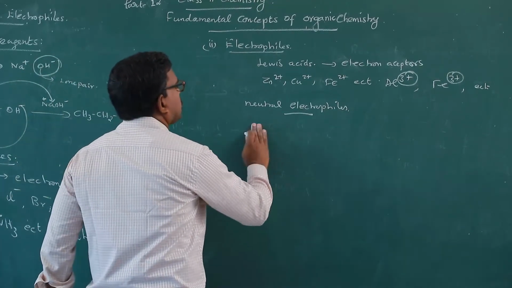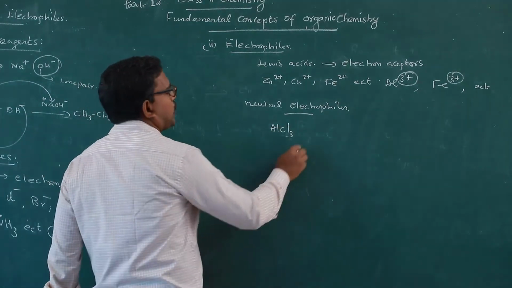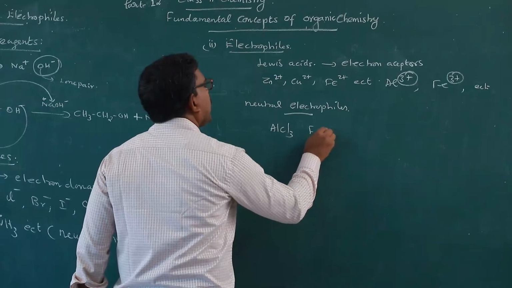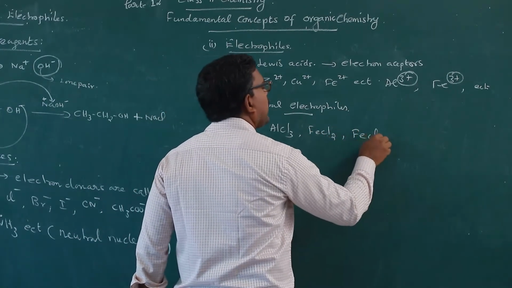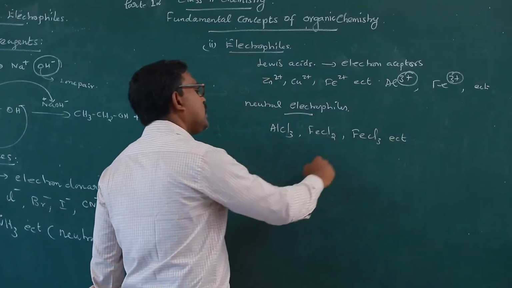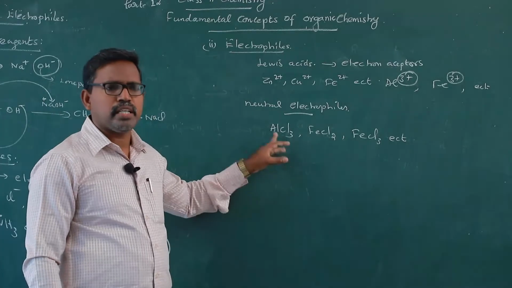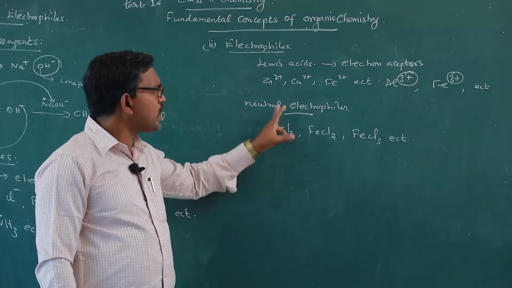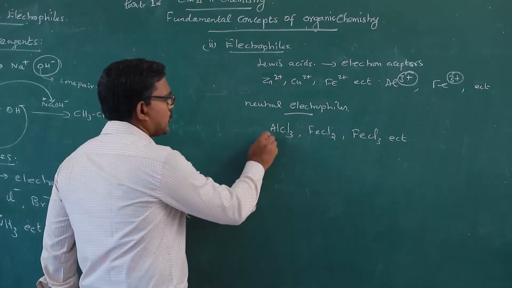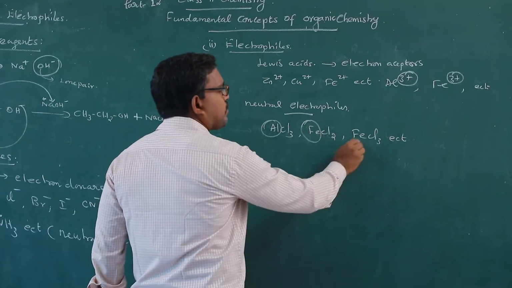For example, AlCl3, aluminum trichloride, and ferrous chloride, ferric chloride, etc. These are molecules which do not carry any charges, but aluminum is electron deficient, and iron is electron deficient.